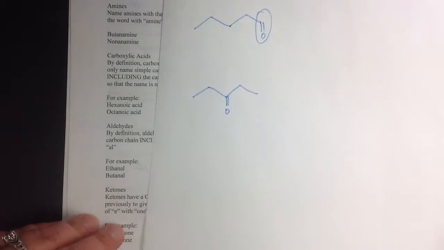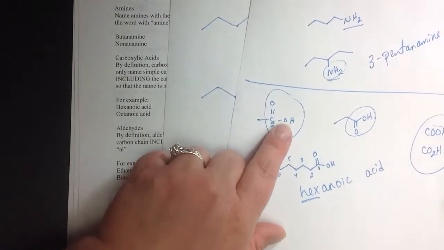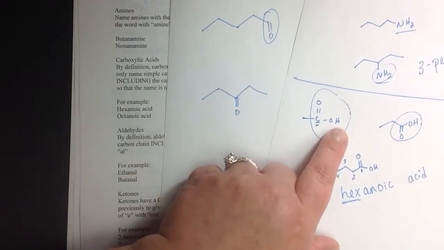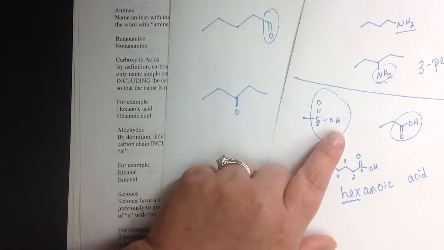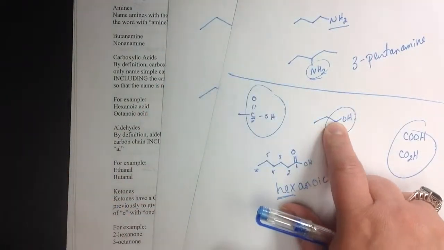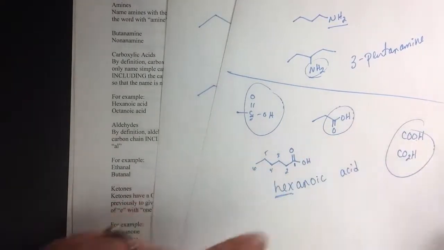Now, the thing about aldehydes, see how this is really inside this as well, but it doesn't have the OH. And remember, when we didn't have this C-double-O bond and it was just the OH, that was an alcohol. So when you combine the two, it's a carboxylic acid.